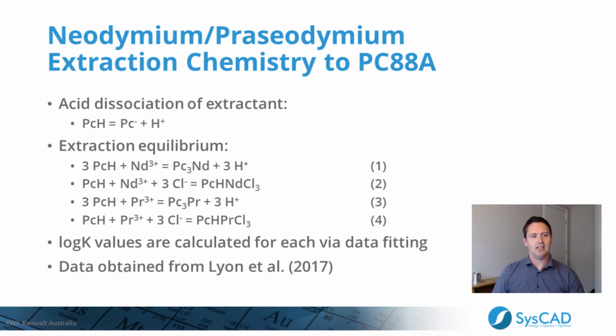Basically, it's extraction by ion exchange of the acid on the organic with either neodymium or praseodymium. Reactions 1 and 2 are the simple exchange. Reactions 3 and 4 are solvation reactions. So we've included all these 5 reactions. We're going to fit all of these 5 reactions to be able to model solvent extraction.